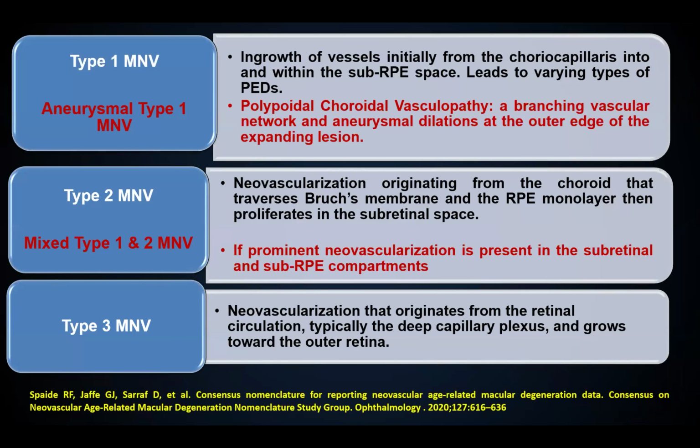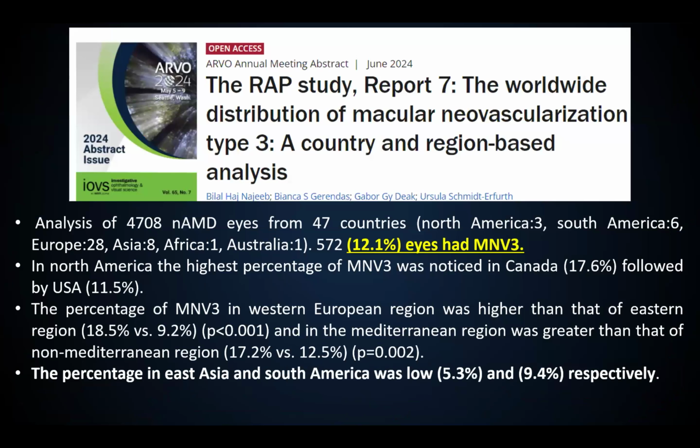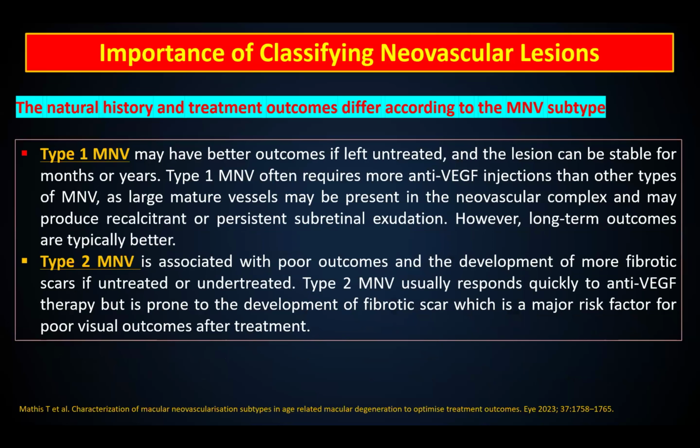Here we can see that type 3 macular neovascularization is the least common, according to the RAP study report number 7 released this year. The reported numbers mirror the rate in my clinical practice, where I find it in less than 10% of the cases. So the question: is it important to classify neovascular lesions?